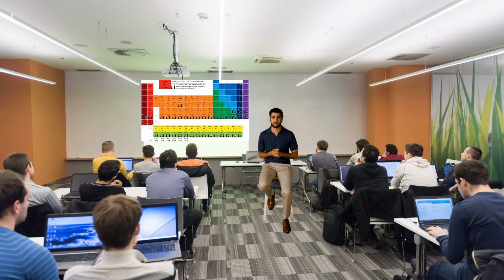For example, hydrogen is represented by the letter H. Helium is represented by He. Sodium, which comes from the Latin word natrium, is represented by Na. These symbols are standardized by the International Union of Pure and Applied Chemistry, which is often abbreviated as IUPAC.